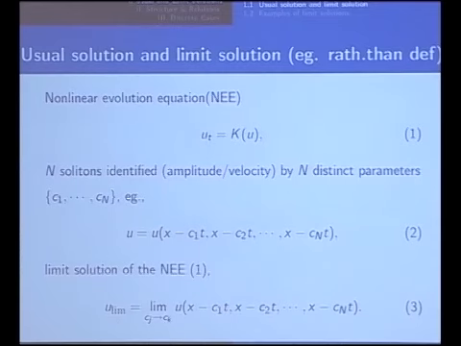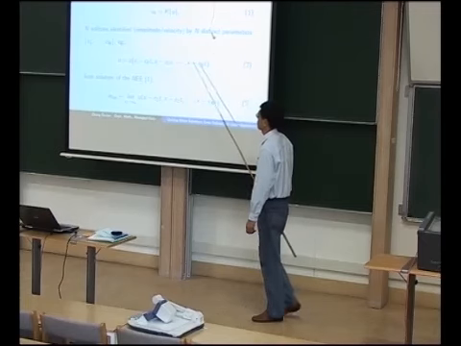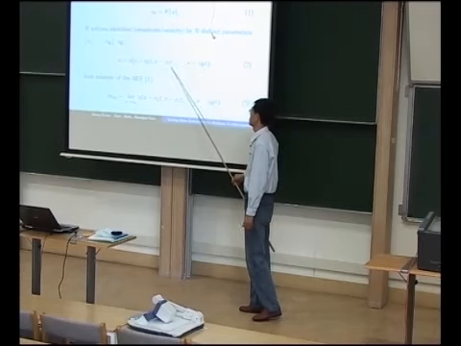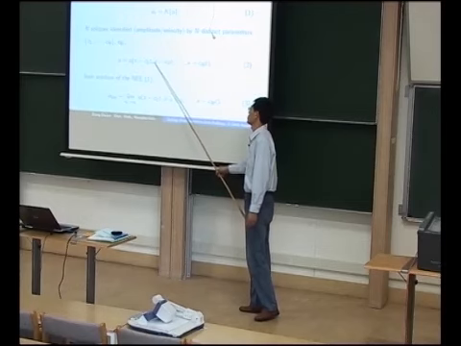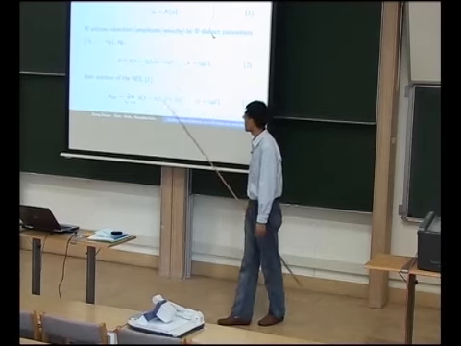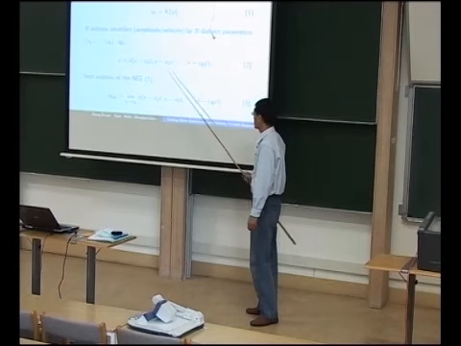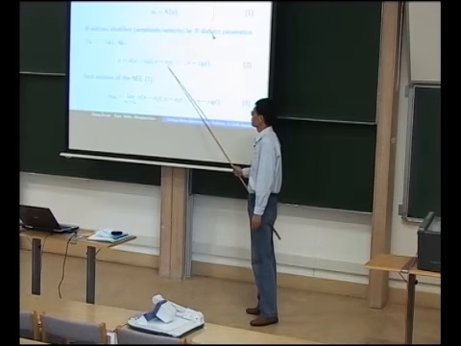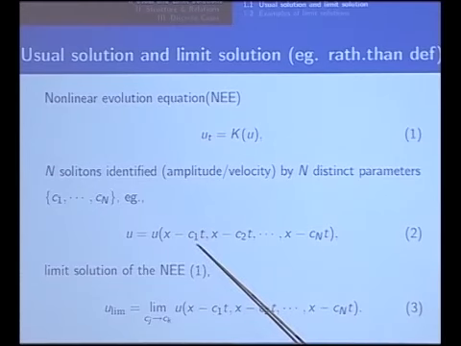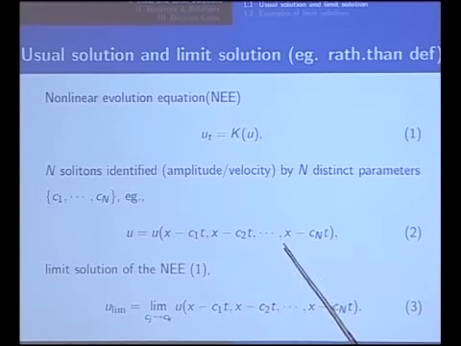For example, for the KdV equation, we have one parameter for both amplitude and velocity, and for the nonlinear Schrödinger equation, we have different parameters, one for amplitude and another for velocity. So in general, the solitons are identified by distinct parameters, and this is an example in traveling wave form.